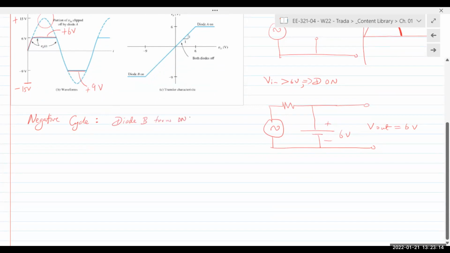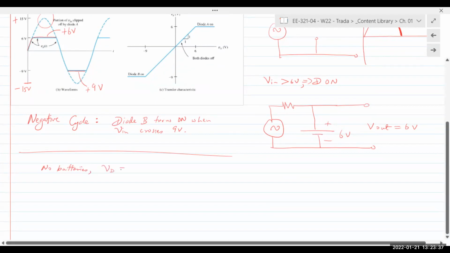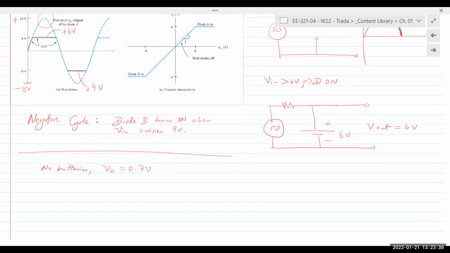Turns on and V in crosses 9 volt. Okay, so now the scenario is no batteries and real diodes where VD is 0.7 volts. What happens? How does the operation change?